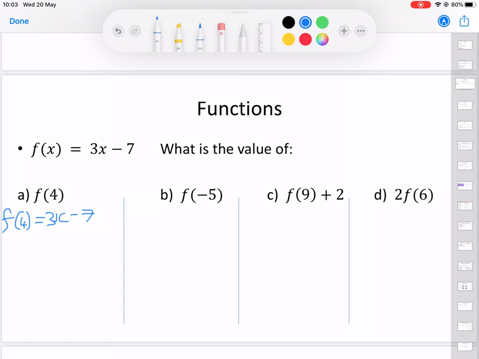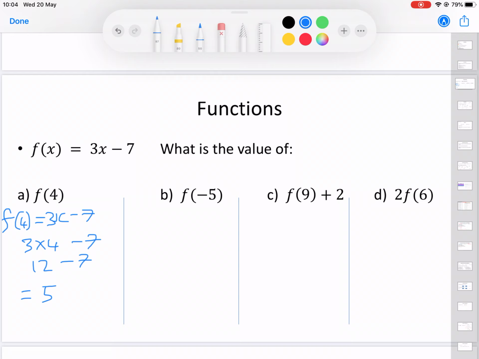Because we've got the 4 in those brackets, that's telling us the value of x is 4. So that's 3 times 4, and then we take away that 7. So we've got 12 minus 7, so our answer is just going to be 5.